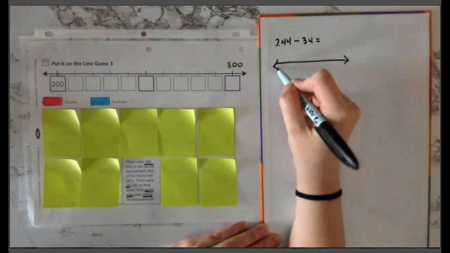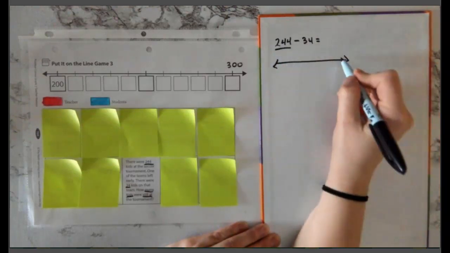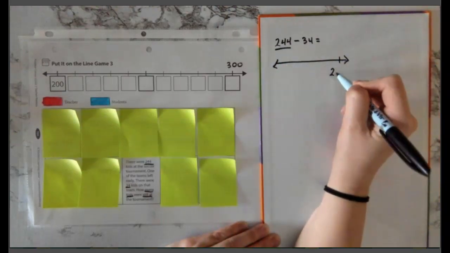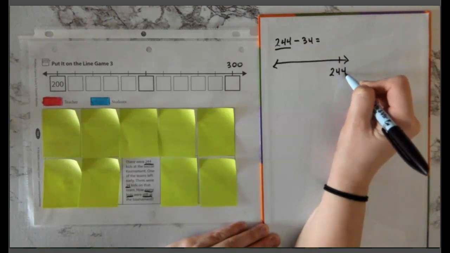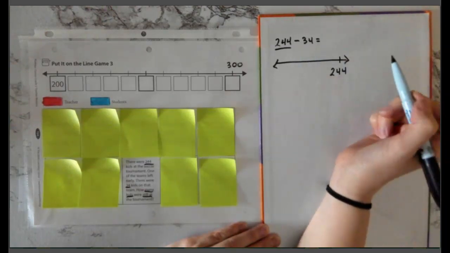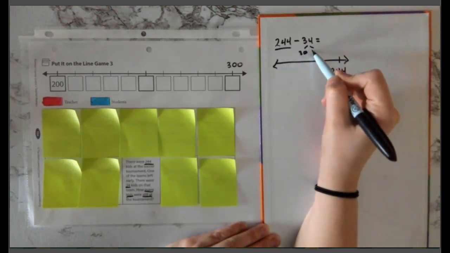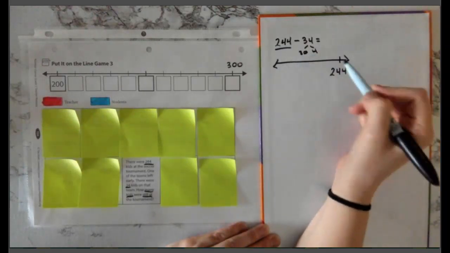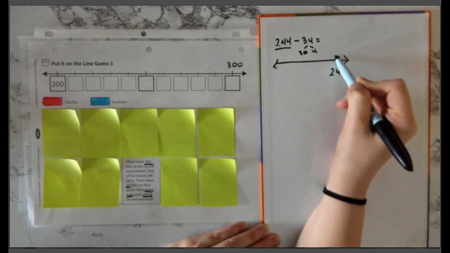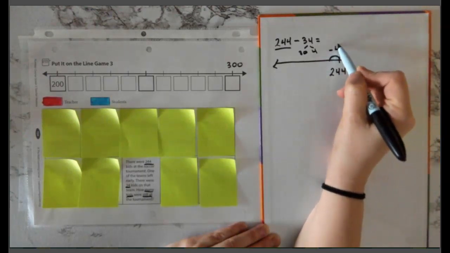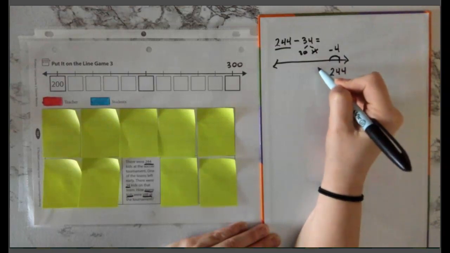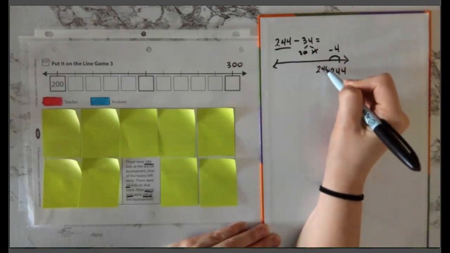I know it's a subtraction problem, so I'm going to start with my bigger number on the right side of 244. And I know I need to take away 34. Well, if I break up 34, that's 3 tens and 4 ones. I can take a jump backwards of 4, and I land on 240.